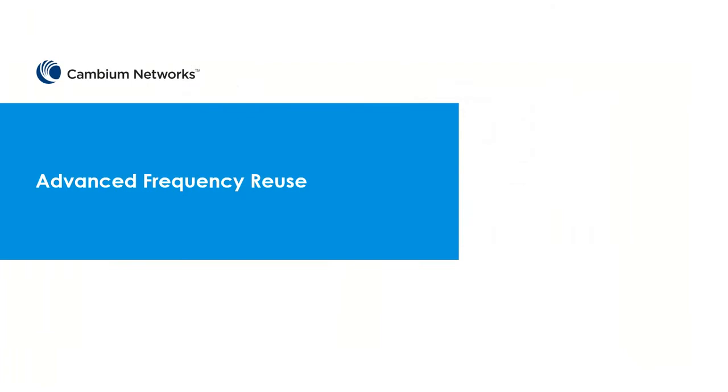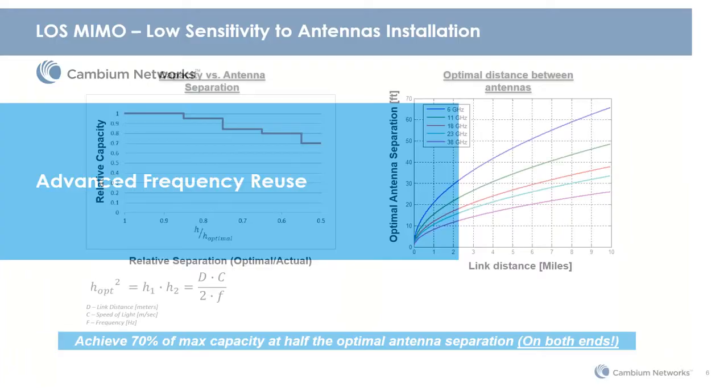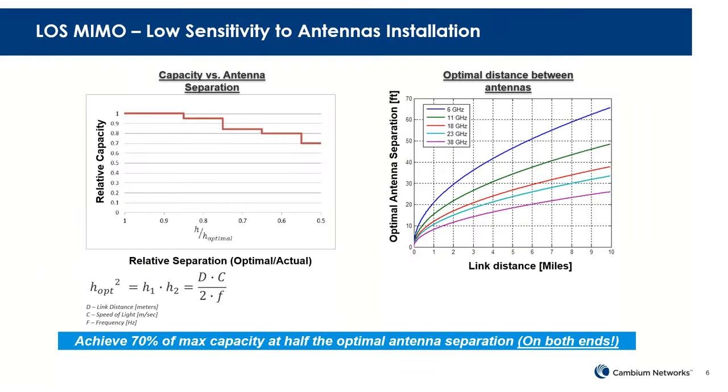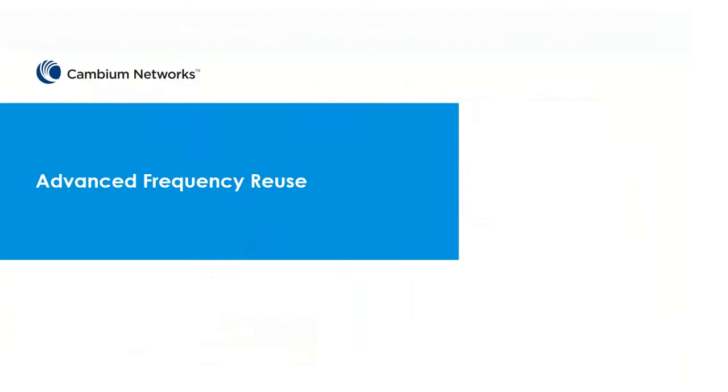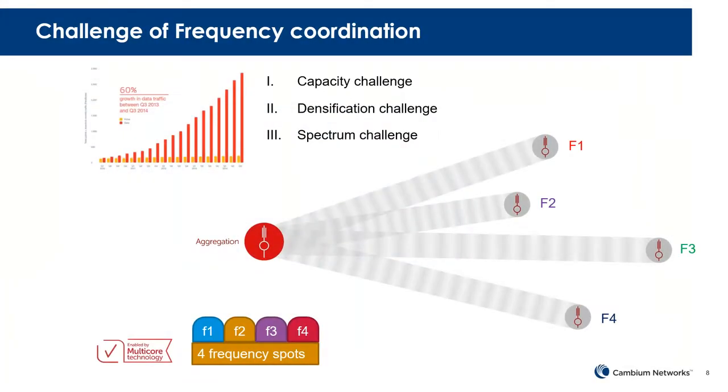The other feature: with 4x4 MIMO, we're talking about a point-to-point link. On a point-to-point backhaul link, if you want to quadruple your capacity, you use 4x4 MIMO. But what if you're planning a hub site with multiple remote sites? What can you do to increase your capacity?